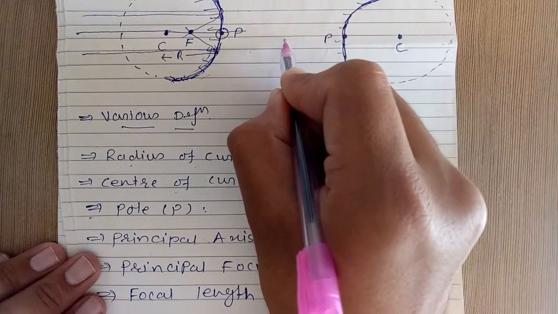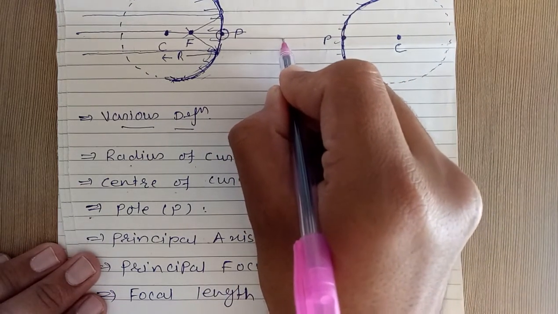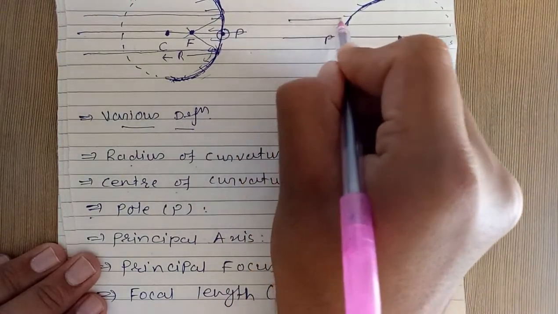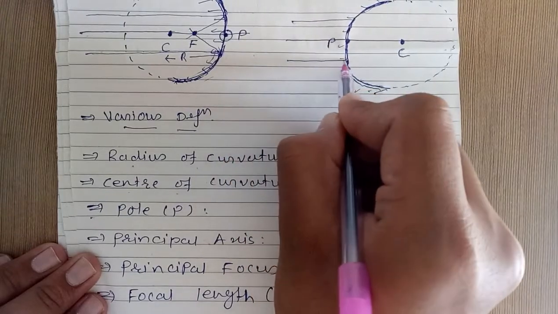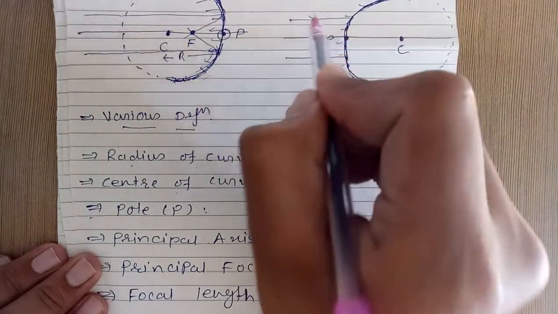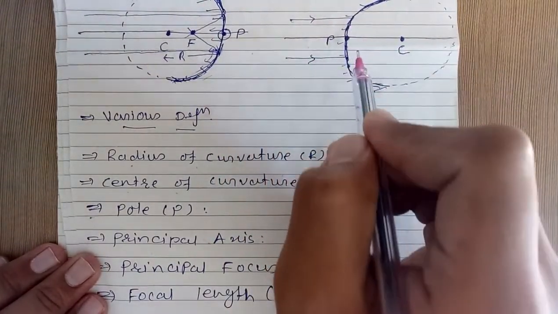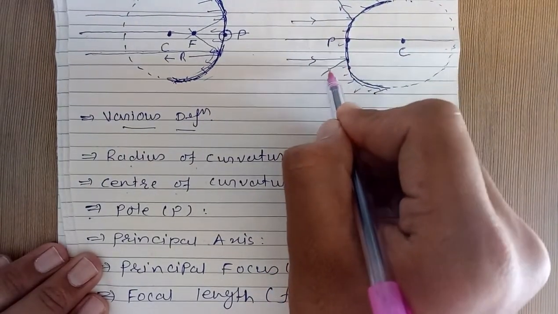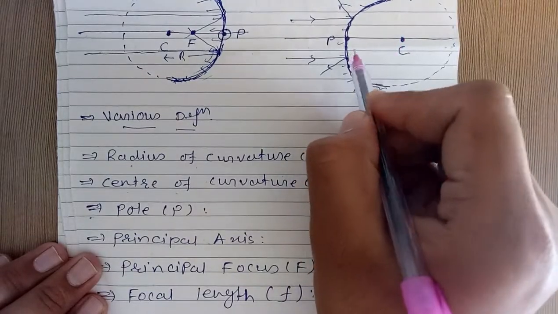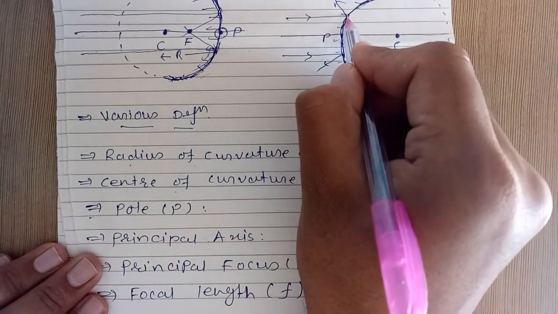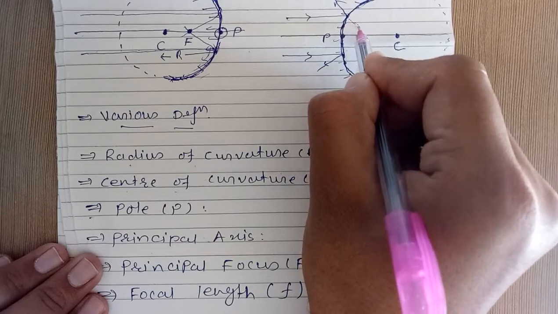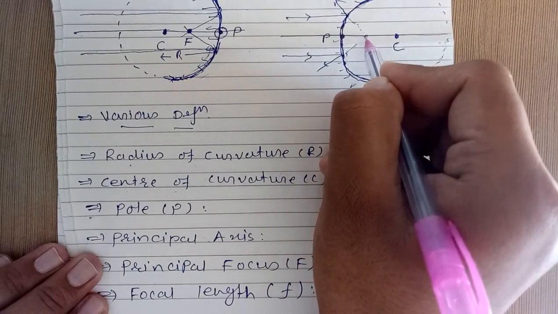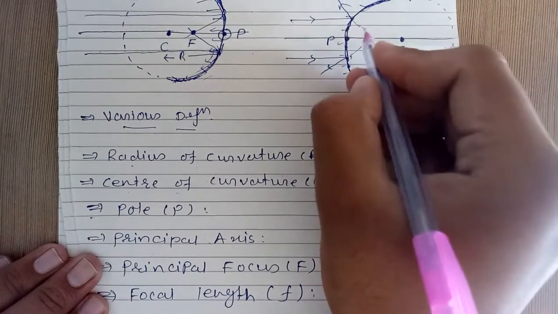because here for the convex mirror this is our principal axis, and these are the parallel rays. When these rays are incident on the reflecting surface, they are reflected like this. Here they appear to meet for the convex mirror.